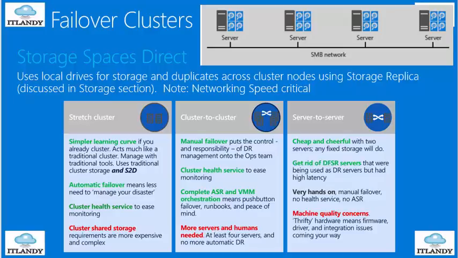Storage Spaces Direct supports both converged and hyper-converged deployment, enabling the choice of converged, with storage and compute in separate tiers for independent scale and management, and hyper-converged, with compute and storage collocated in the same servers.